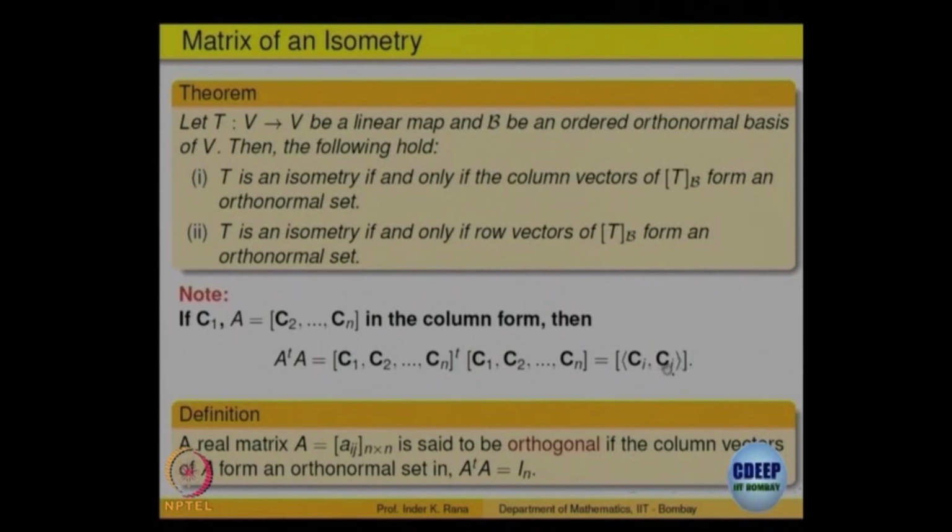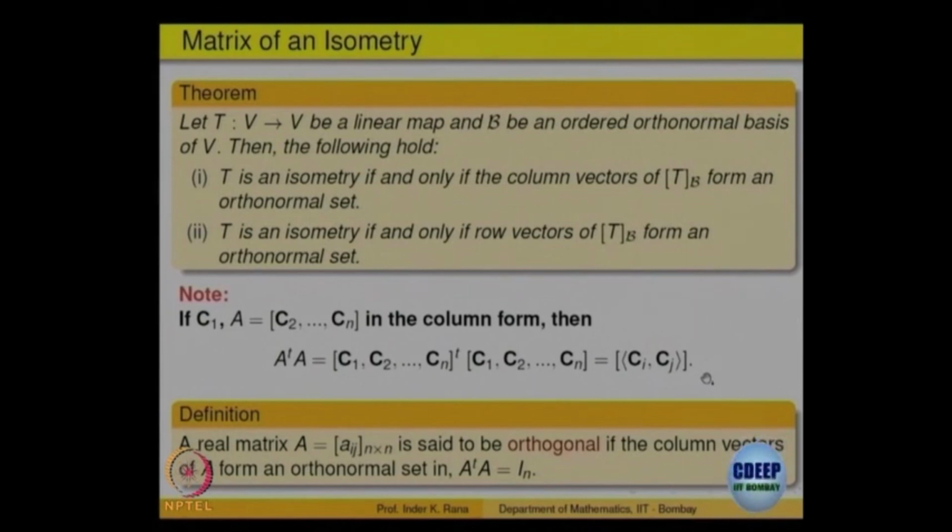So if T is an isometry and you write its matrix with respect to an ordered orthonormal basis, then it has the property that A transpose A is 0 if i is not equal to j and 1 if i is equal to j.